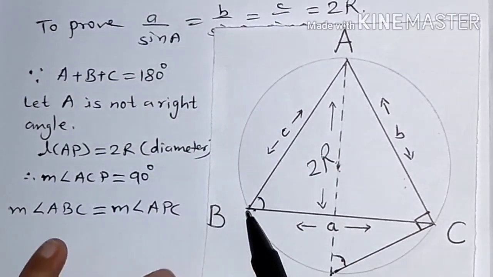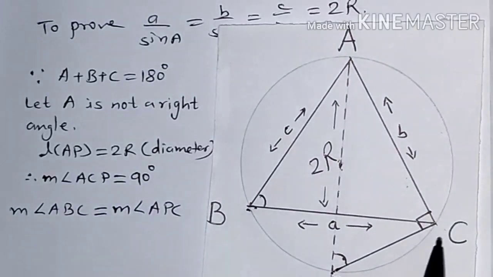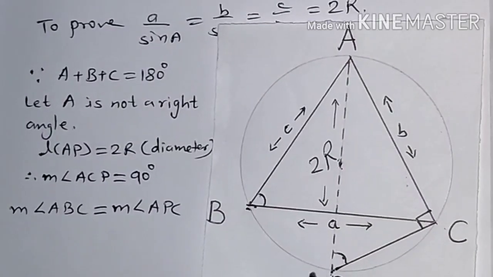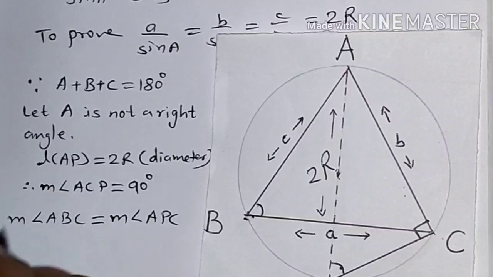Angle ABC is the same as angle APC, angles inscribed in the same arc.